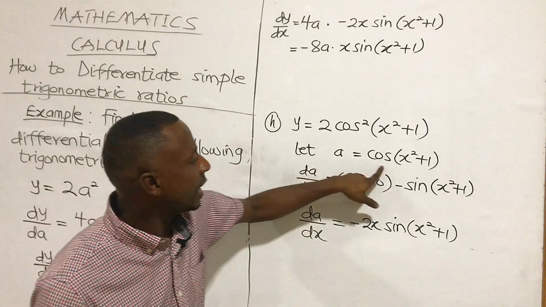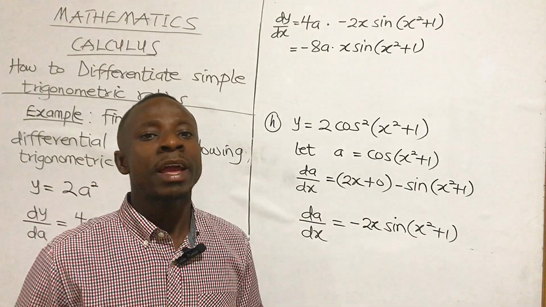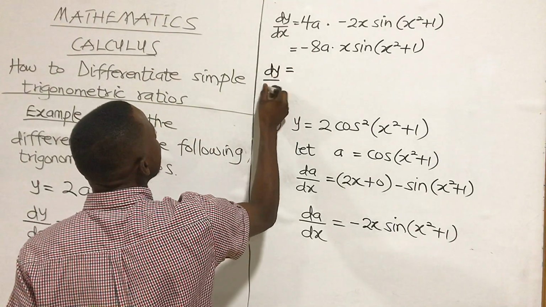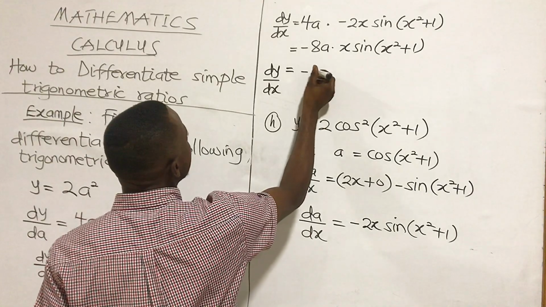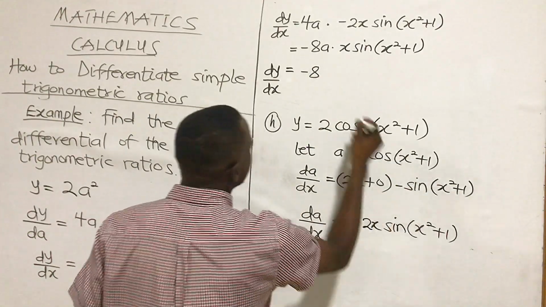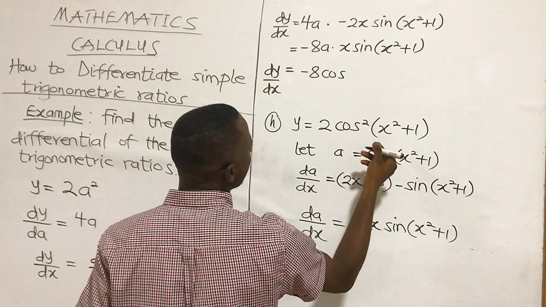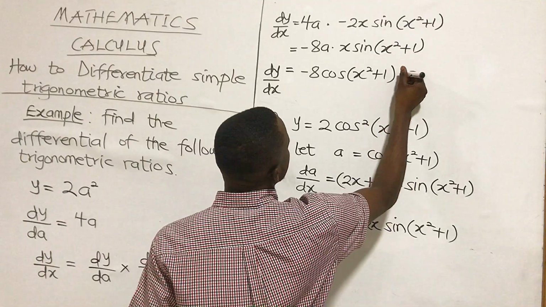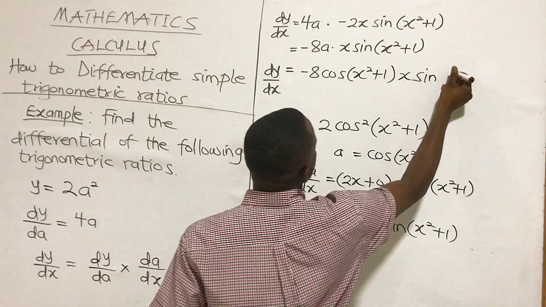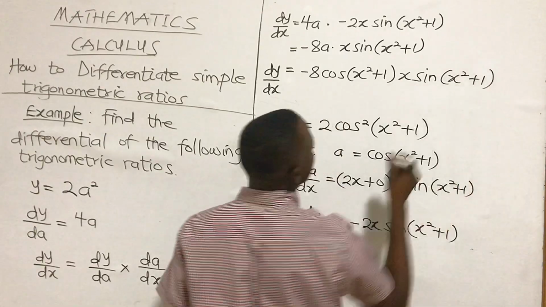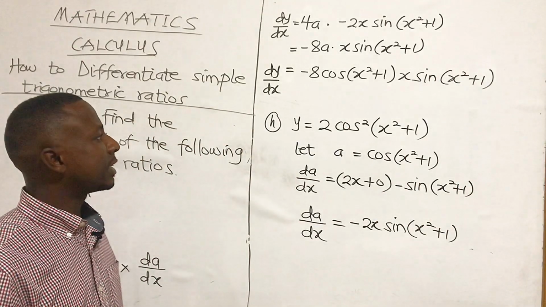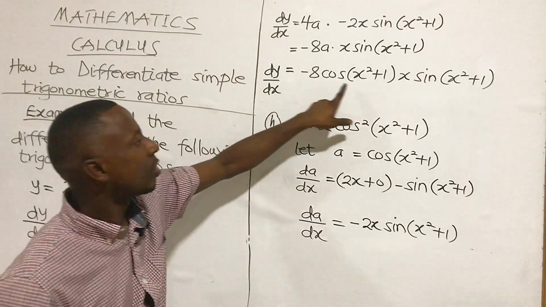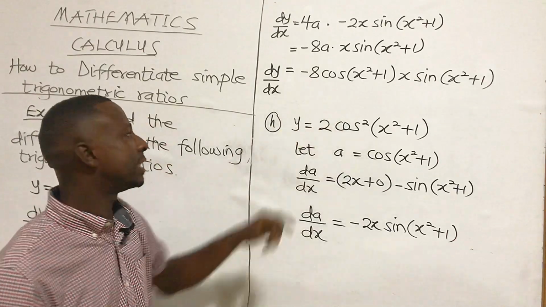But we know that A is equal to cos of x squared plus 1. So we have dy over dx is equal to minus 8 multiplying cos of x squared plus 1, then x sine of x squared plus 1. So now let's put down the final answer by attaching the x to the negative 8.